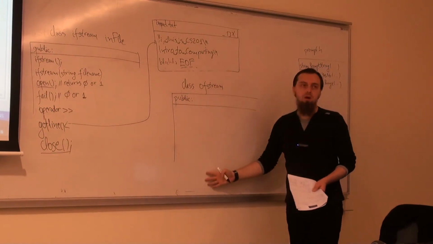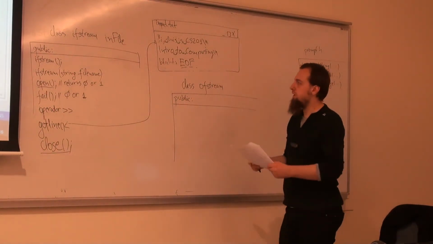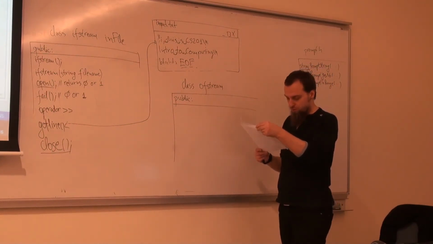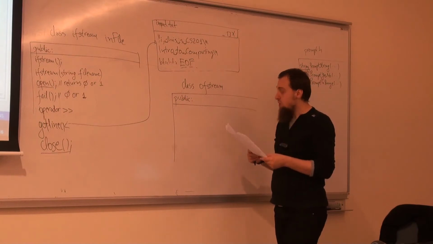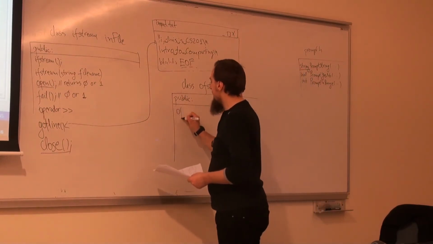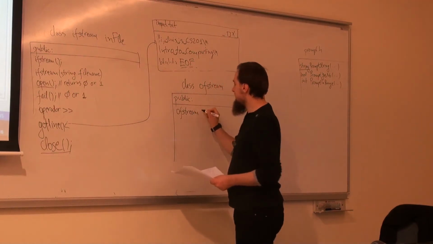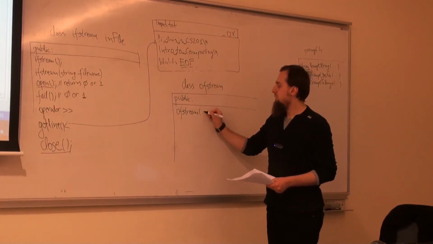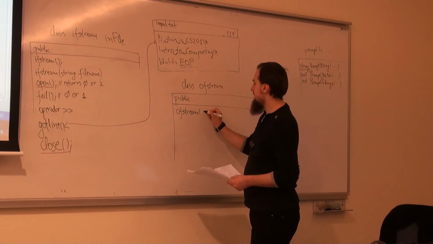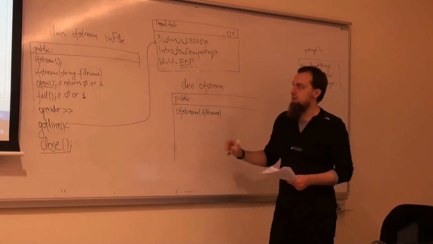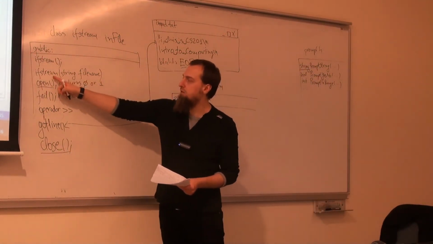Of course, we have maybe hundreds of member functions or variables or properties here, but we're explaining the most important ones. So, we have ofstream. This is the constructor. And it takes a file name as an input, okay? Just as we had here the file name for ifstream.